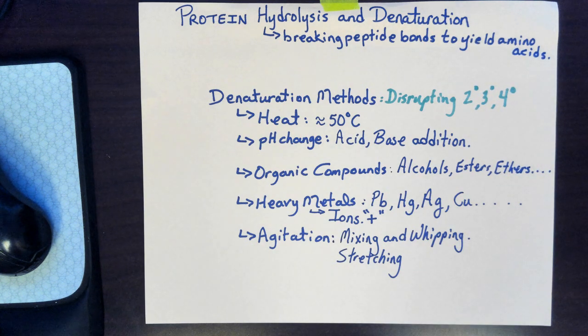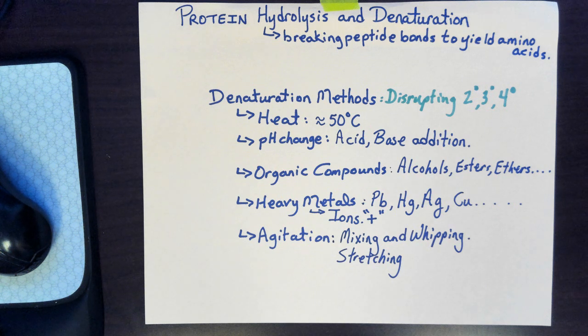With organic compounds, think of all those compounds that you aren't supposed to drink, that you're not supposed to consume. Things like alcohols, esters, ethers, antifreeze, acetone, all these various organic compounds that are very poisonous, and you have to call the poison control center.